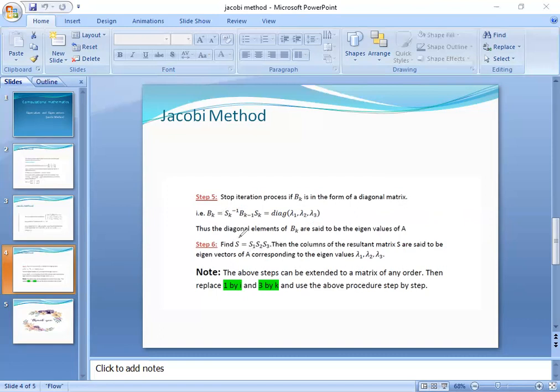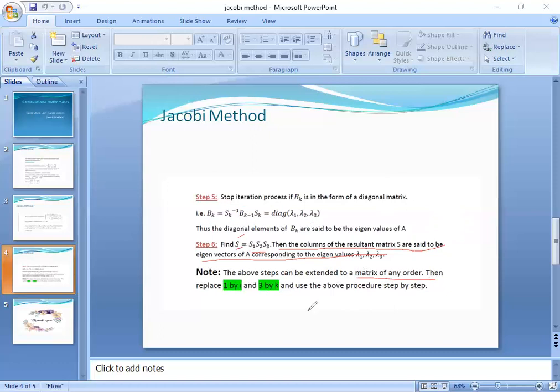In such a case, S is the product of S1, S2, S3. The product S1, S2, S3 gives a resultant matrix S. In the resultant matrix, the columns are the eigenvectors of A corresponding to the eigenvalues lambda 1, lambda 2, lambda 3. The same procedure can be done for a matrix of any order.